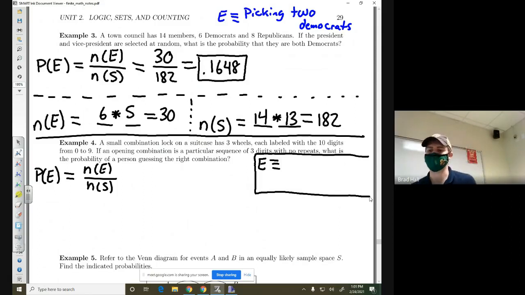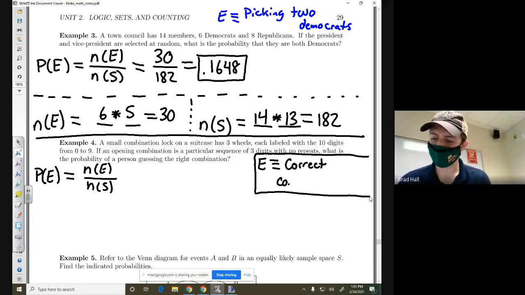What is the event in this problem? One person gets in the right combination. So the event is going to be, we'll trim that down a little bit, the right combination, or the correct combination.